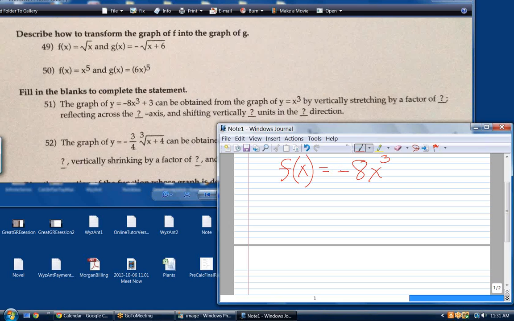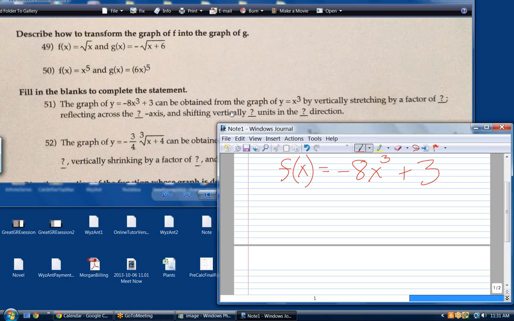Then when you look at the negative sign, it's reflected about the x-axis, and then it's shifted vertically. How many units? Because of this part here, which is also being added to f of x. It's not inside. So it's 3 units up.